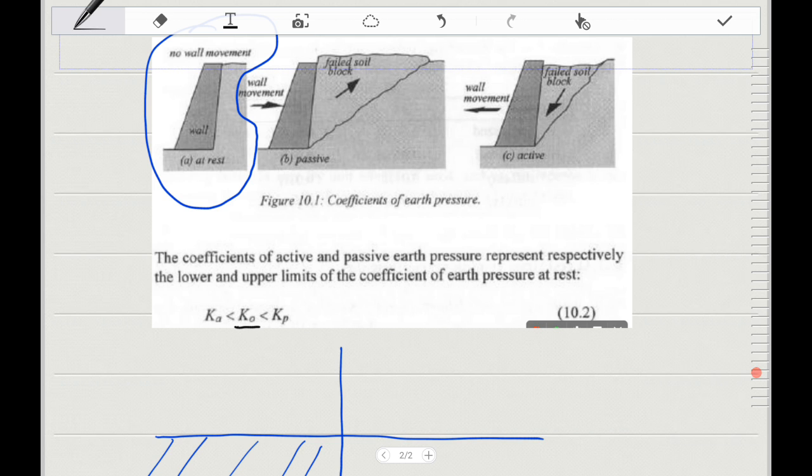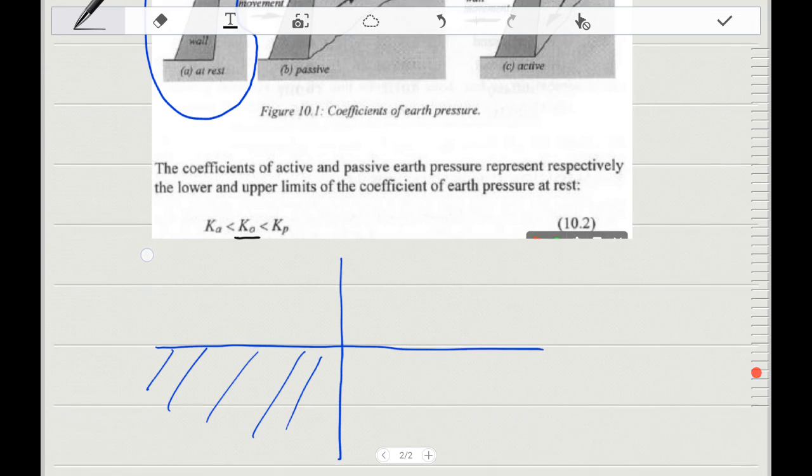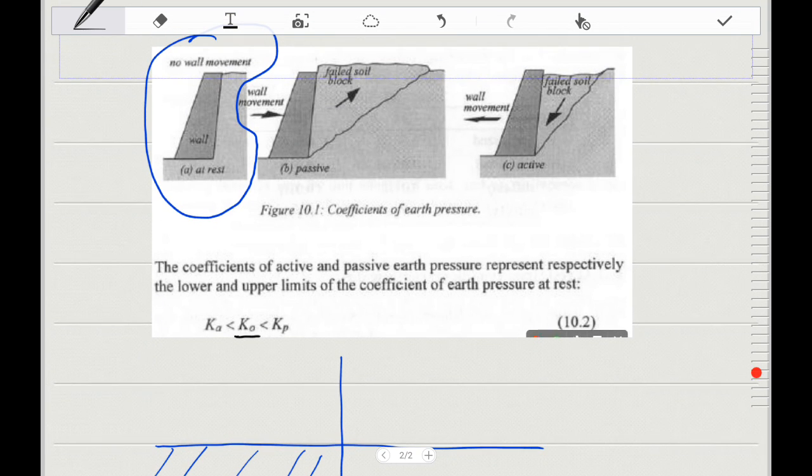Right. So Rankine, which you're probably familiar with, set up some coefficients and denoted that when you're at the at rest position, your K value is K0, and we'll go on to that once we get into examples. But mainly the whole point of talking about this is what does at rest, what does passive, what does active mean?